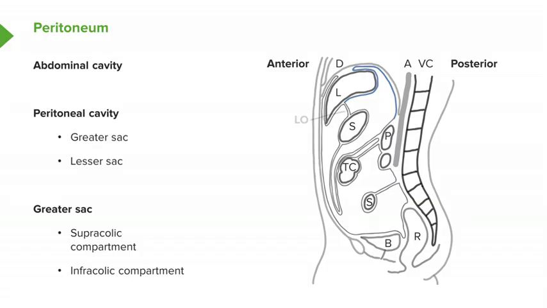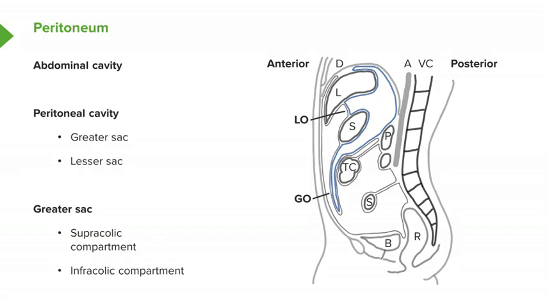It then runs towards the stomach, where we've now got the lesser omentum again, running over the underside of the stomach, to run on the inside of the greater omentum, and then it's running back up towards the posterior abdominal wall. And all of this in here is the lesser sac, or the omental bursa.